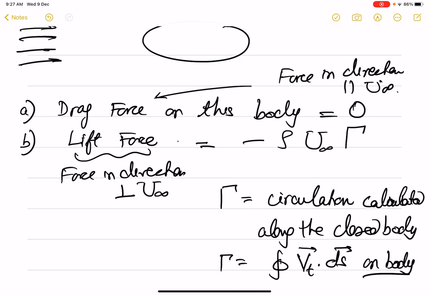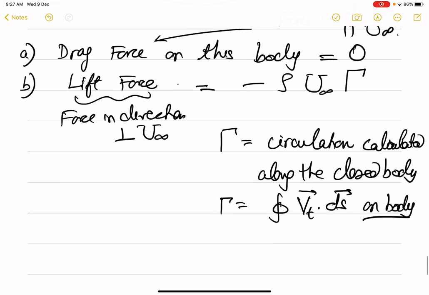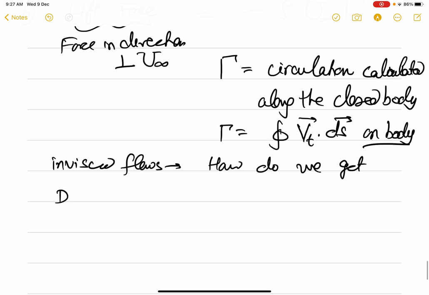If circulation is 0, then the lift force will also be 0. If it is non-zero, then lift force will be equal to minus rho u infinity gamma. And we will show this. Now, we say that these are inviscid flows. So how can we get drag force or lift force?